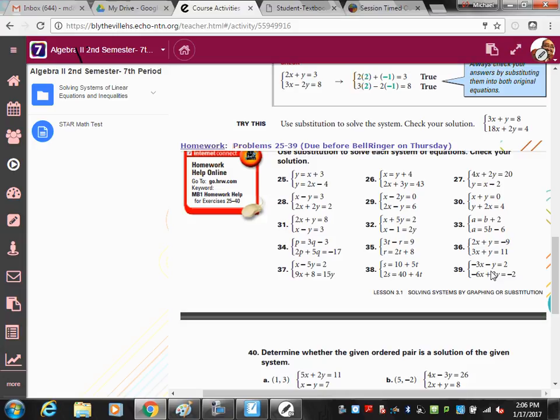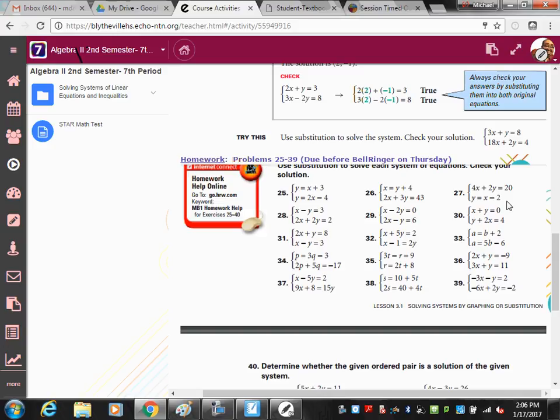You have a couple days to do these. If you have no access to a computer, your smart thing to do is to figure out a way to copy these down or take a picture of them. You need to do these before the bell rings on Thursday. You've got today and tomorrow.